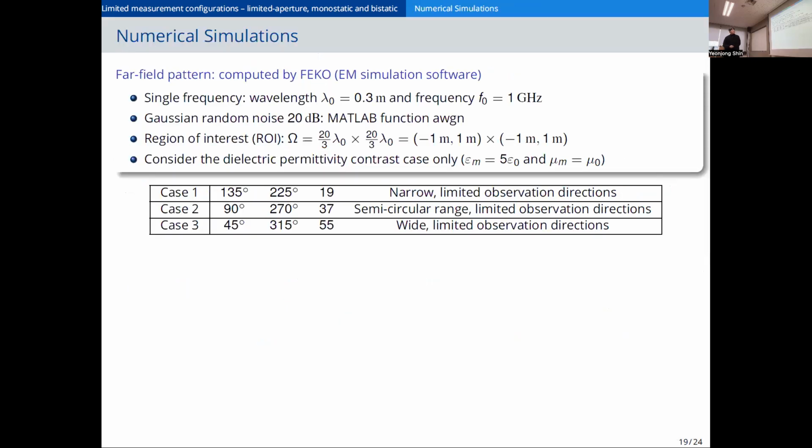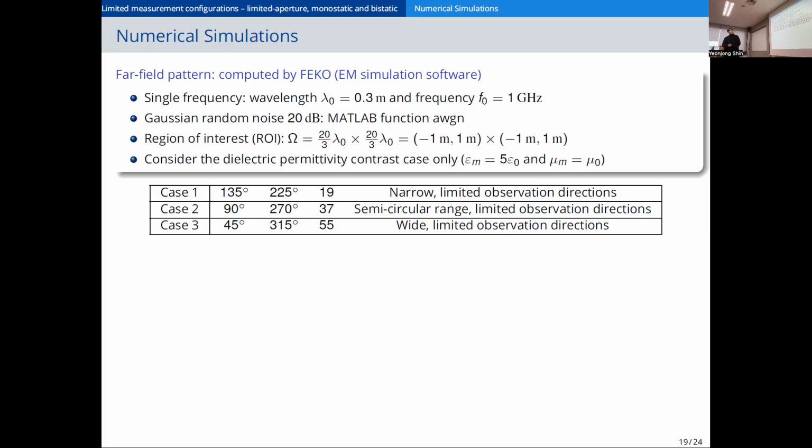Now, the numerical simulation. The data is computed by FEKO, a commercial electromagnetic simulation software. We use a single frequency of 1 gigahertz, and we assume that the background is vacuum. We add Gaussian random noise of 20 dB by MATLAB. The region of interest is like this one, and we consider only the dielectric permittivity contrast case.